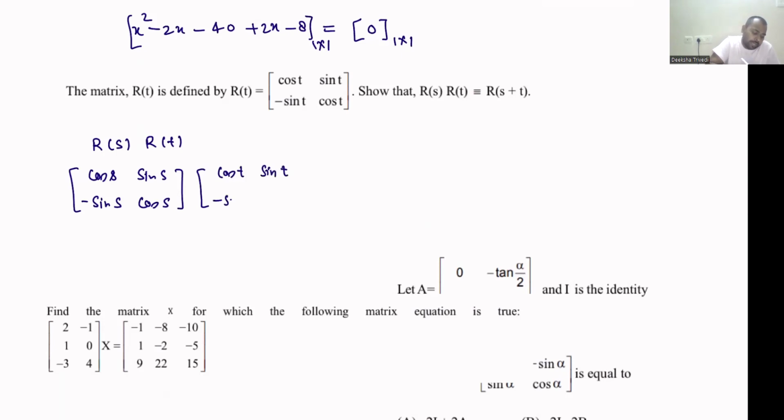So if we multiply, what do we have? Check. First we take the row elements of the first matrix, multiply with the column and add.